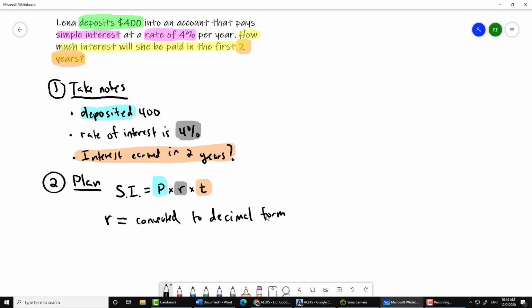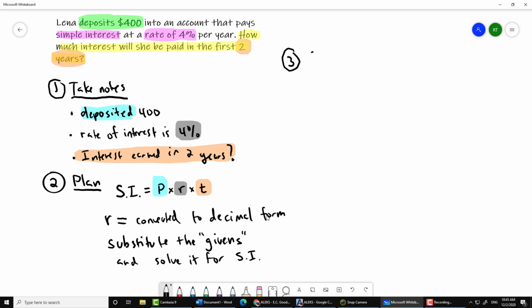So the plan is to substitute the givens. The givens are the information they gave me in the notes. And solve it for S.I. So in step 3, I'll show you what I mean.